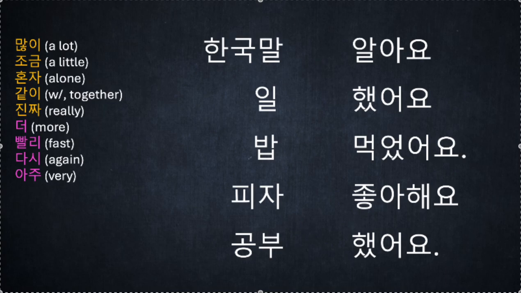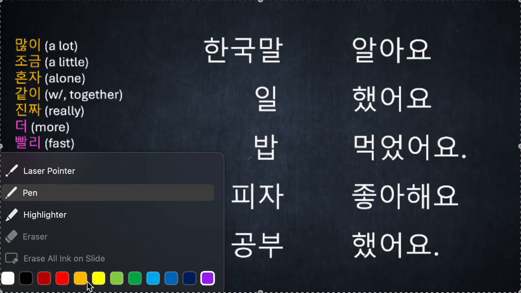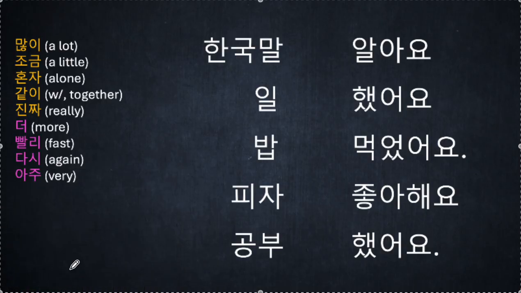So let me just ask you, how would you say, I know Korean a lot? You can pause and think and then check, okay? 한국말 많이 알아요. How would you say, I worked together? Of course, with somebody. 일 같이, together, 일 같이 했어요.